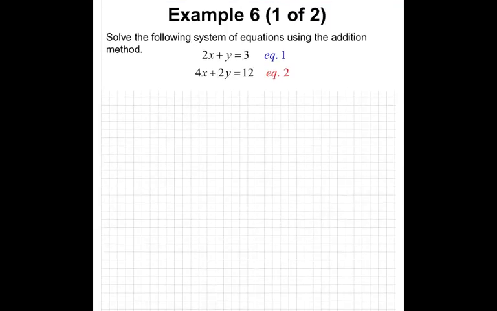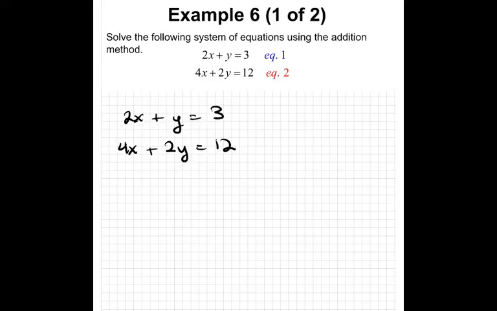So solve the system using the addition method. So let's do it again. We have 2x plus y equals 3. We have 4x plus 2y equals 12. Let's cancel the x. If we're going to cancel x, again, the goal is to get the numbers to be the same, but have opposite signs.